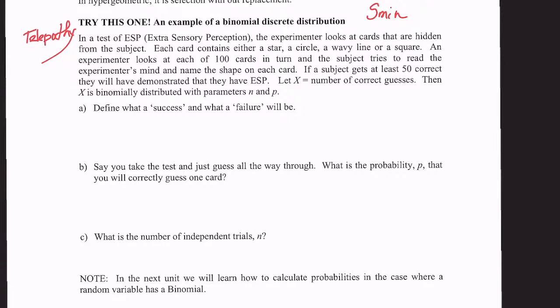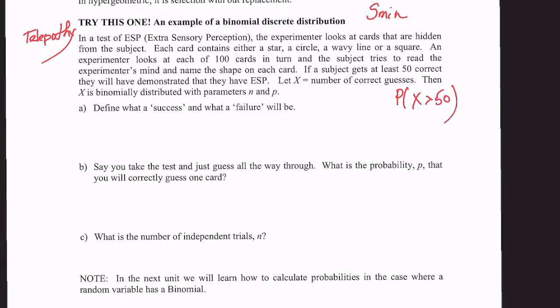It turns out we're going to specify the rule that if a subject gets at least 50 cards correct, they will be demonstrating that they have ESP. So we want to know the probability of having ESP. So what we want to know is the probability of guessing more than 50 correct.